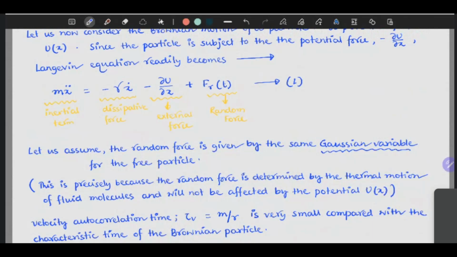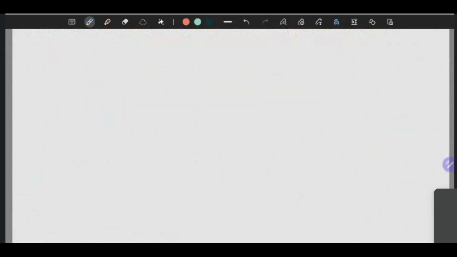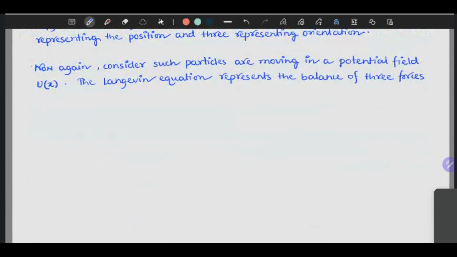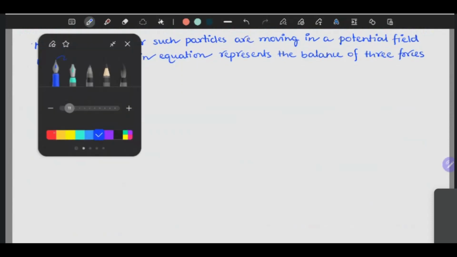But the inertial term can be zero because this is in the low Reynolds number regime, because the velocity autocorrelation time is very small, so we can neglect this inertial term. So only these three forces remain: dissipative force, external force, and random force. So we have to balance these three forces to get the equation of motion, or Langevin equation, right?